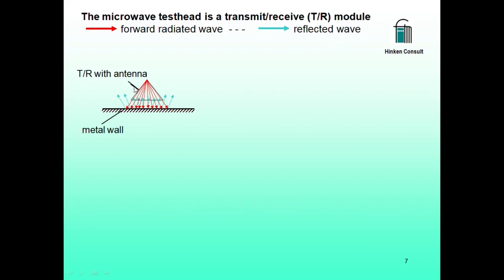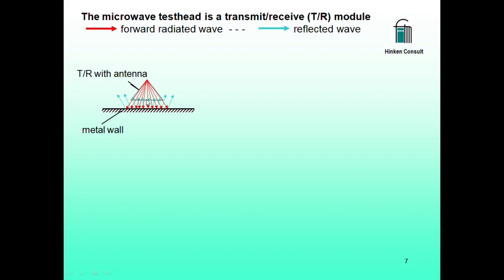And now we take into consideration that the antenna has only a limited angle in which it is irradiating. And we consider different distances of the metal wall, such as we had in our experiment.